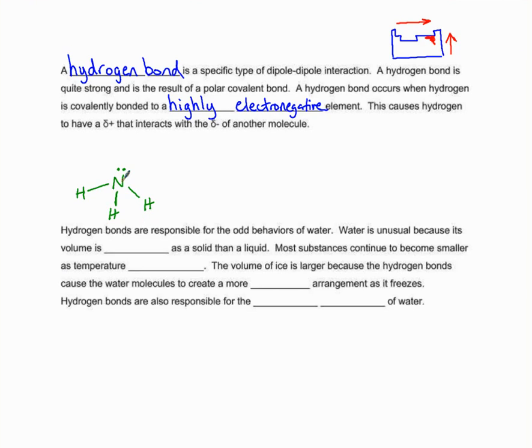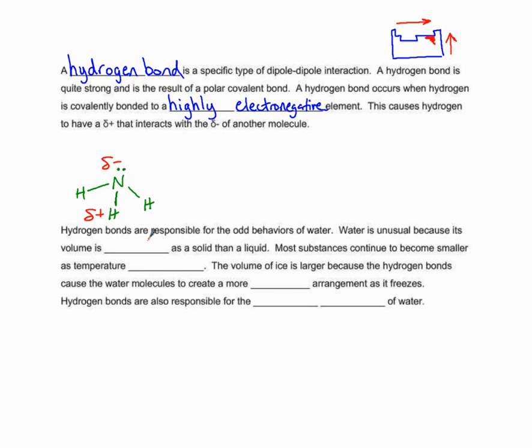Now nitrogen is in the top right. It's not the most electronegative, but it's fairly electronegative. And so we end up with nitrogen pulling all the electrons towards itself, and we have this partially negative region, leaving down here to be partially positive.